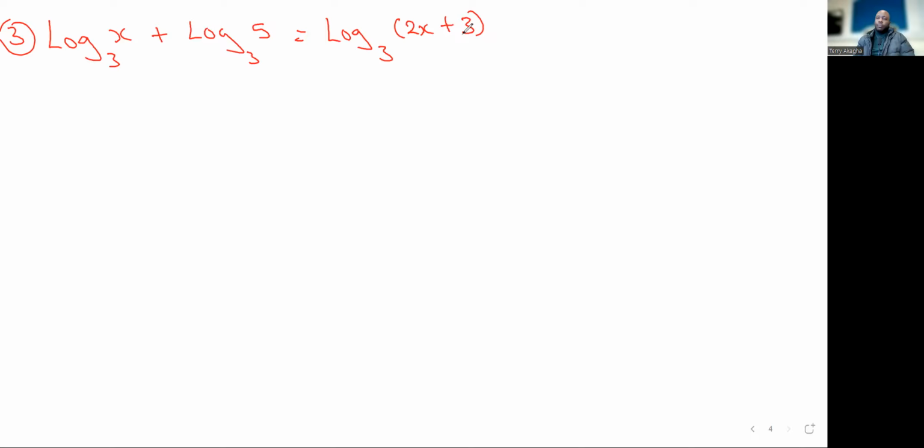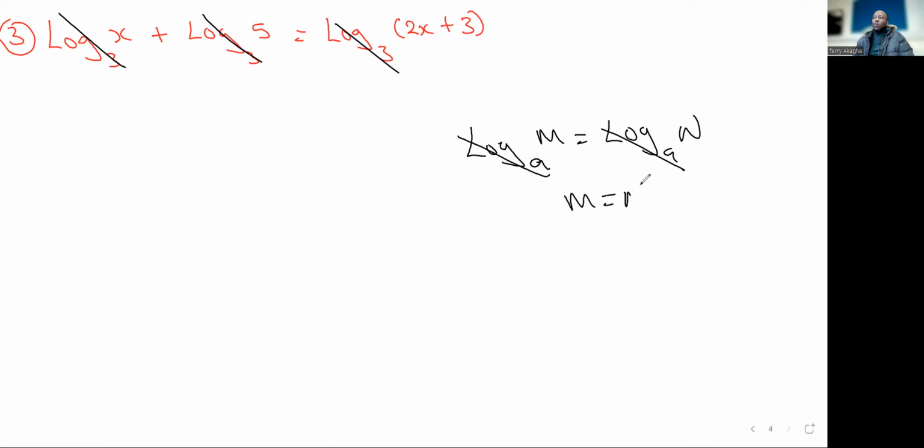Now remember, although we have this question here, you can't just cancel out the logs, okay? You can't just say, oh, because we have logs, you want to apply the equivalence law here and cancel the logs like this. No. Remember I told you, the equivalence law requires that you have just one log on both sides of the equation. Because you have just one log, you can cancel it out, then m is going to be equal to n.